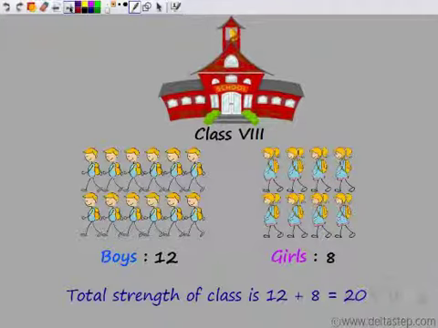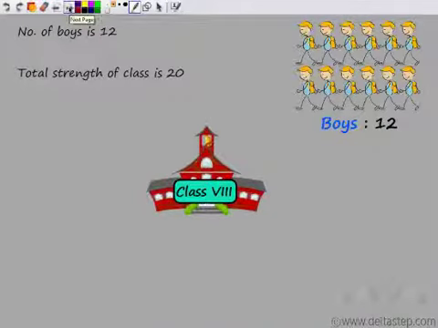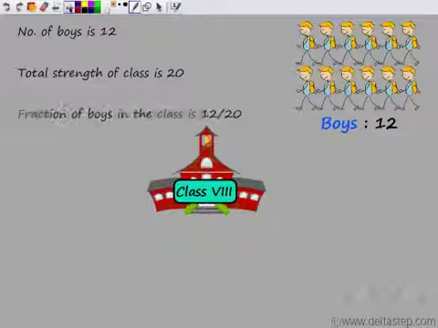If I want to find the strength of boys in the class, the number of boys is 12 and total students in the class is 20. So I can find the fraction of boys by division: 12 divided by 20.